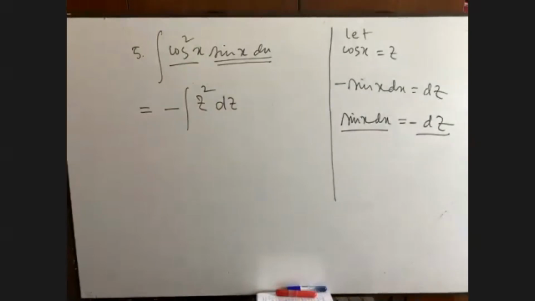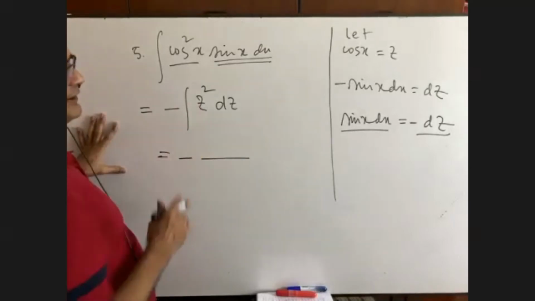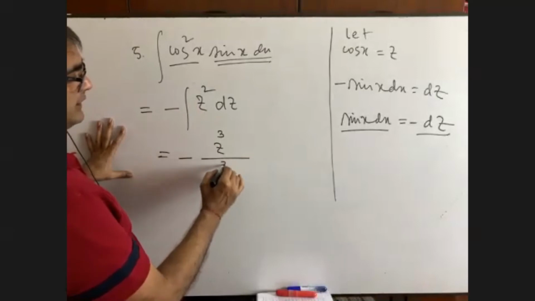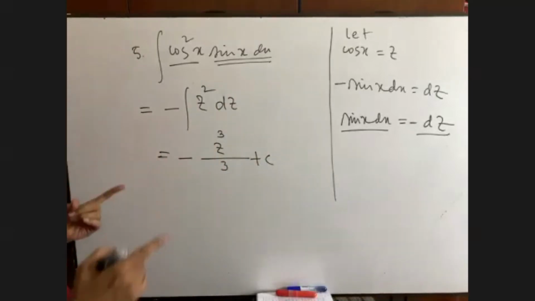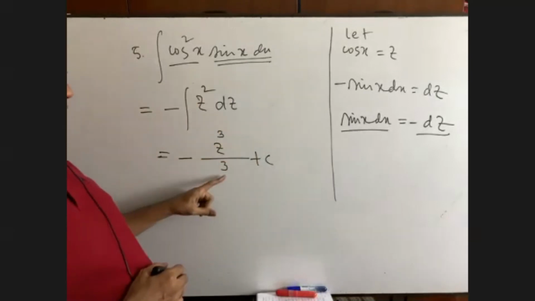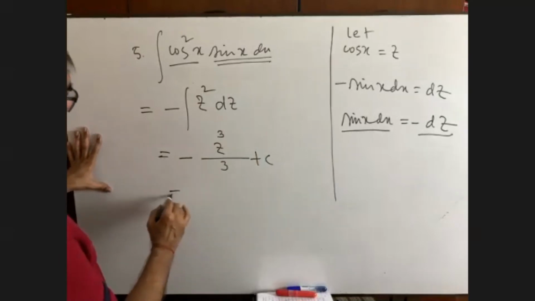Yes, sir. Now, minus, what is the integration of z square? It is z cube by 3. Is it? I mean, 1 will be added to the power. 2 plus 1. Here it will be 2 plus 1. What is the value of z? It is cosine x.